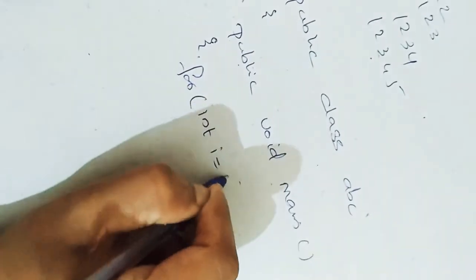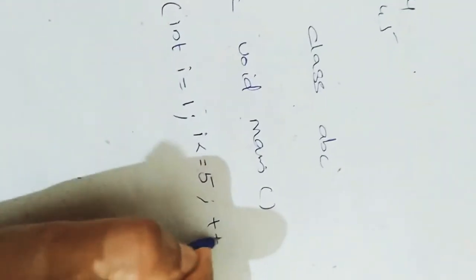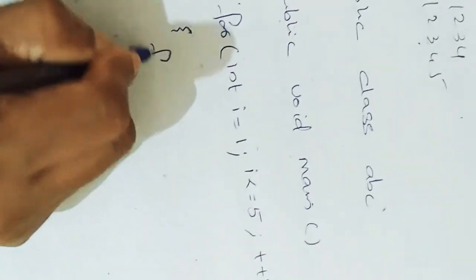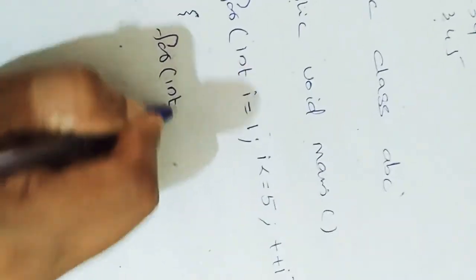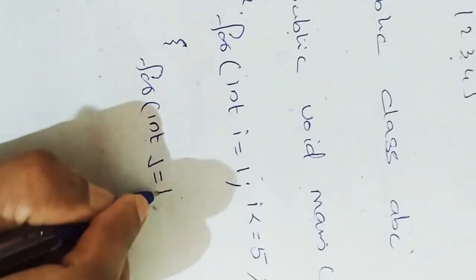Your iteration will start with i equal to 1, and since 5 steps are there, it will work till i less than or equal to 5, plus plus i. This will be your outer loop, and the inner loop is used for printing the statement. We'll give it as j, and j starts from 1 each time, so j will be assigned 1.